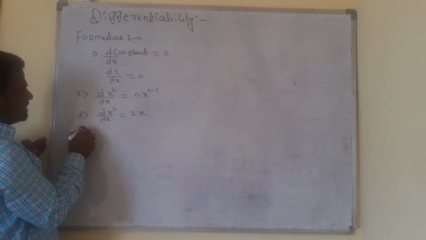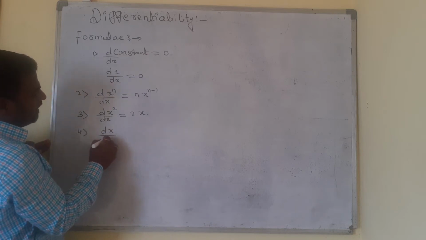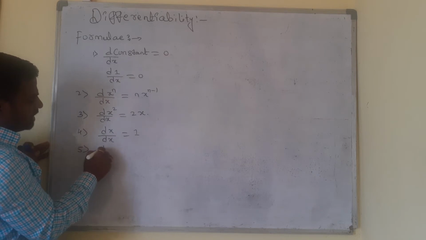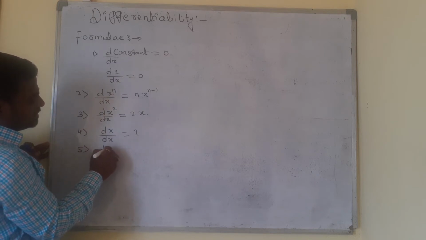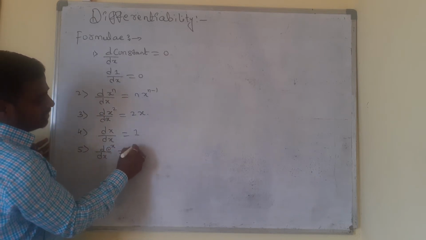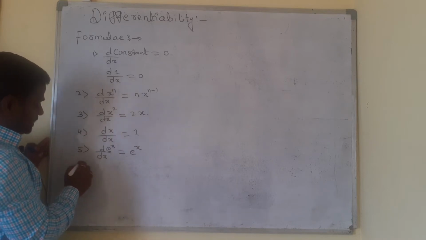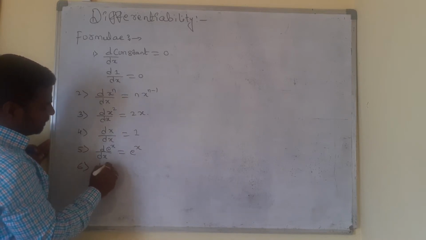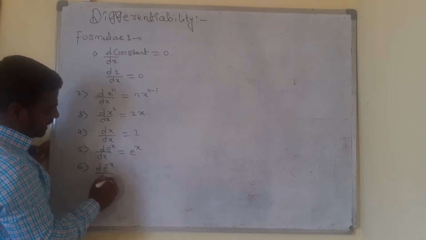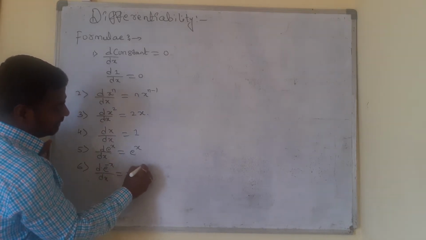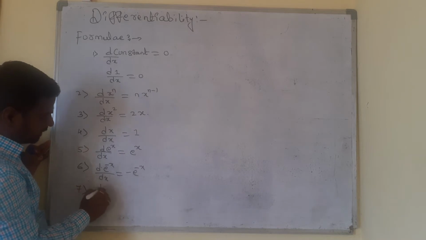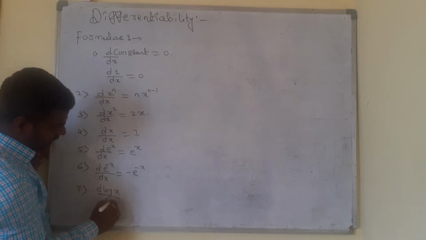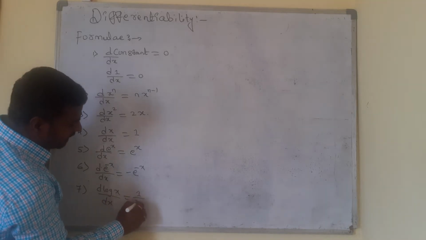Third, dx by dx is 1. Next, d/dx of e to the power x is e to the power x. Differentiation of e to the power minus x is minus e to the power minus x. Differentiation of log x is 1 by x.